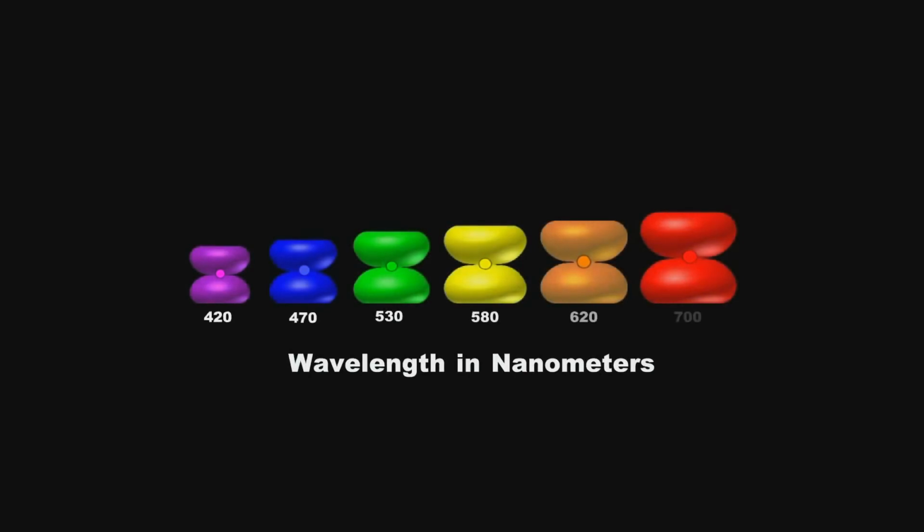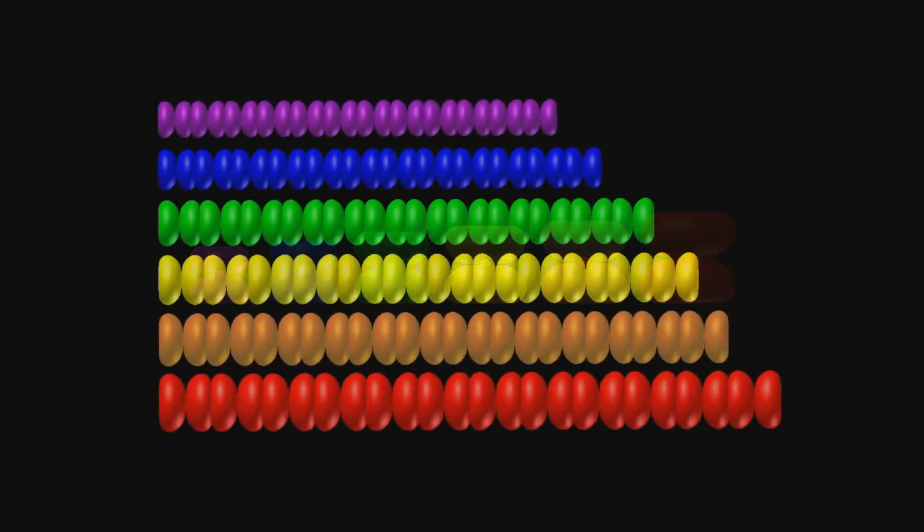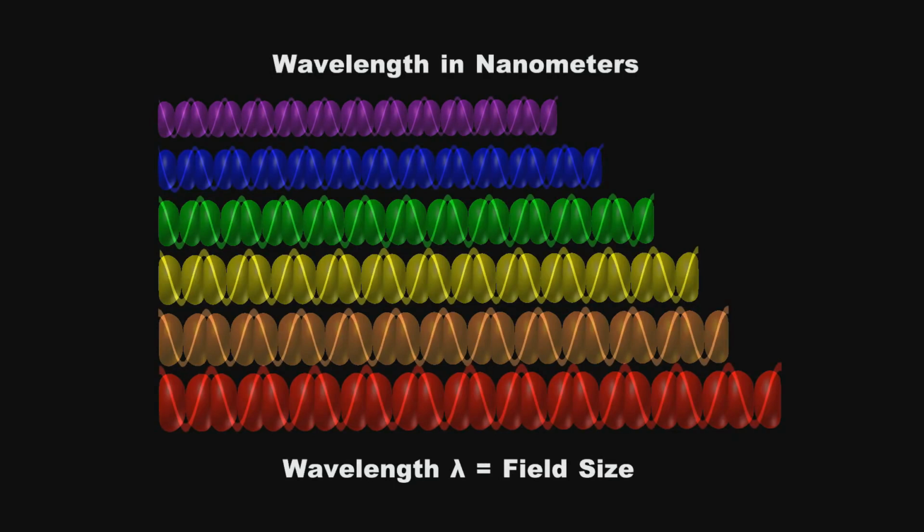Once more, we see that wavelength is related to field size. Here we have rows of photon fields with a corresponding waveform. So you can now see that the waveform clearly represents the size of the fields around a photon of electromagnetic radiation.